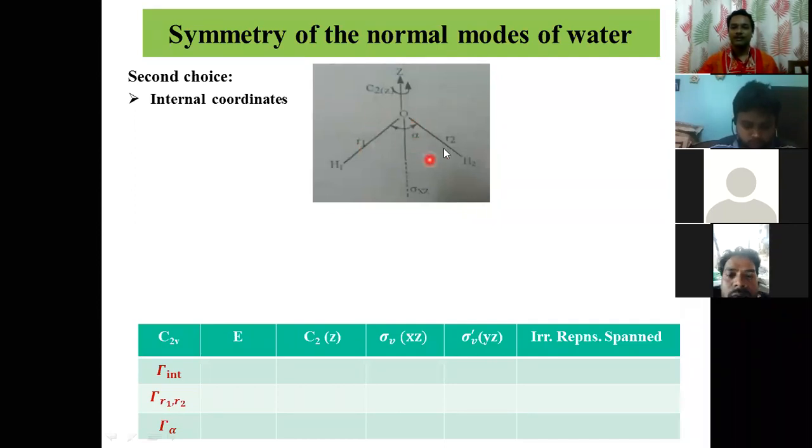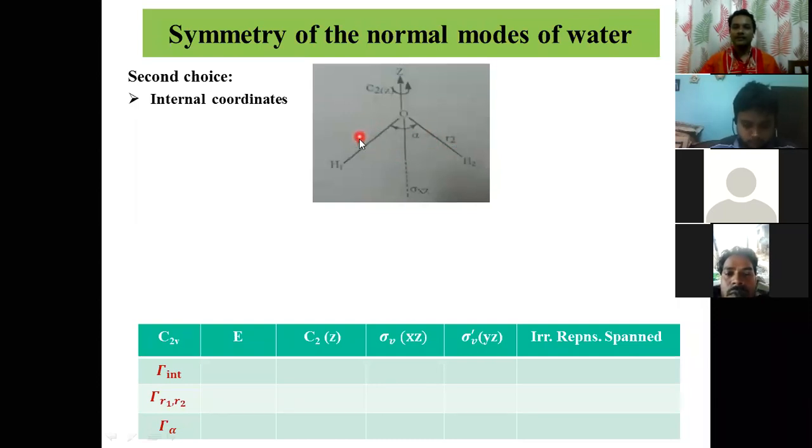Now, using this basis, exactly the same pattern as we did for the Cartesian coordinates, we will do it for this bond coordinate. So we'll generate the reducible representation using these bond vectors or the bond coordinates, whatever you say, right? Now how do we do this? Let's go again for each operation and see how they change. If we go for identity, all of you know that we are not going to do anything, no change.